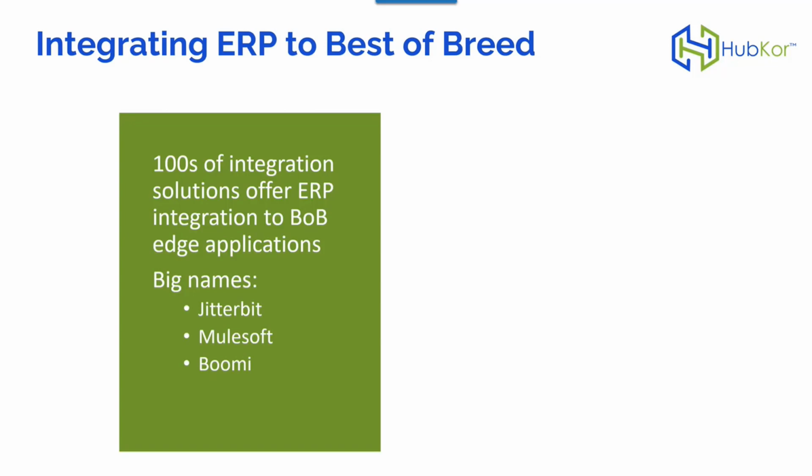Well, there are hundreds of solutions out there in the marketplace that will allow you to do integrations. The big names, there are three big names that completely dominate this space, and they're called Jitterbit, MuleSoft, and Boomi. And though I have no statistics, I would guess those guys actually have over 90% of the market for integrating ERP systems to best of breed.